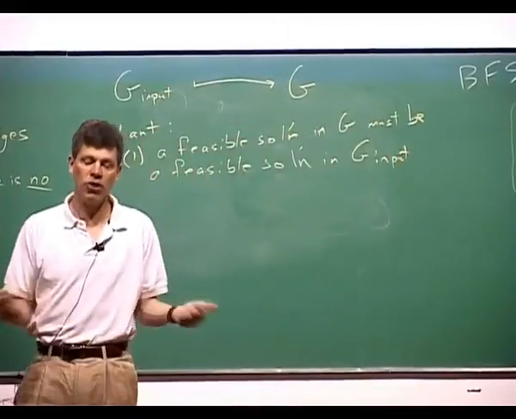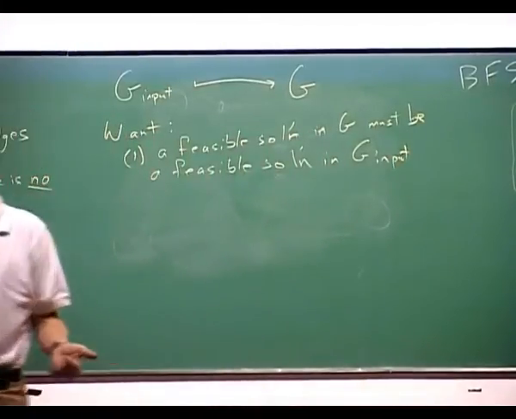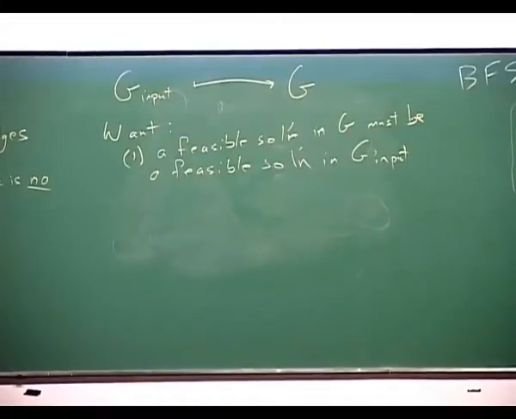Since we're going to return a multi-terminal cut in G, it had better be a multi-terminal cut in G input, because that's the graph that we originally wanted the solution to. All right, so that's property one.